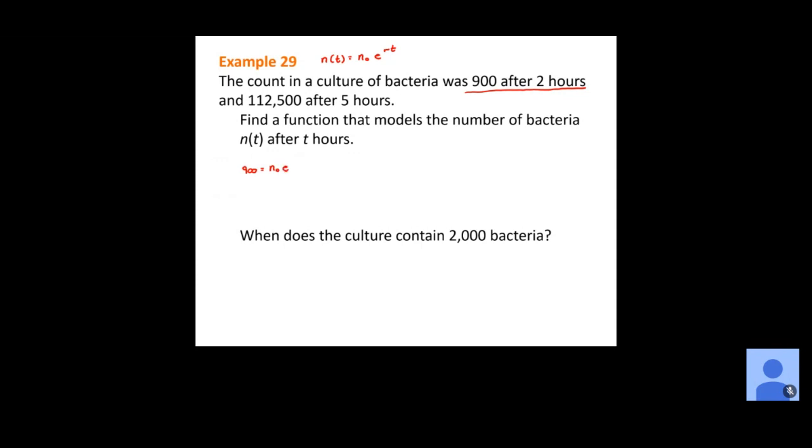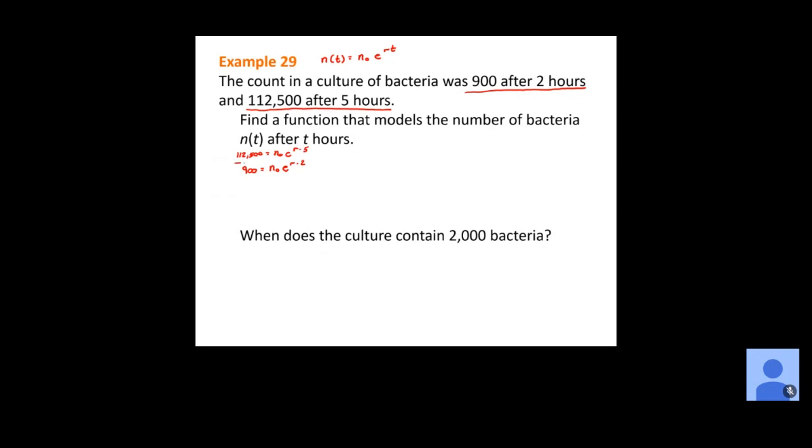Our e is always e. We don't know the growth rate, so that's r, and our time is 2 hours, so times 2. Now, we know the exact same information about this other one, right? We know the N of t and we know the time, so I'm just going to put 112,500 equals N sub 0, e to the r times 5.